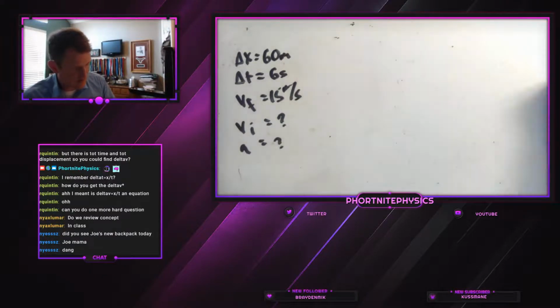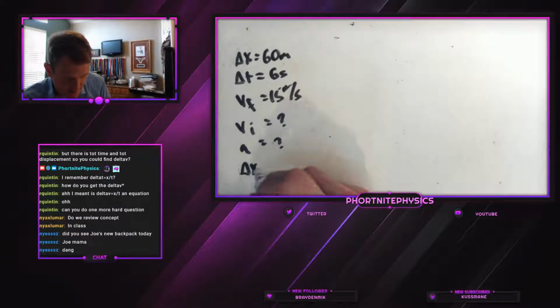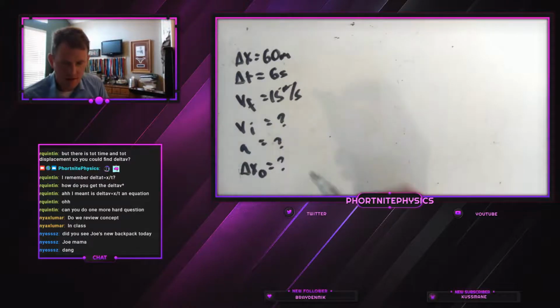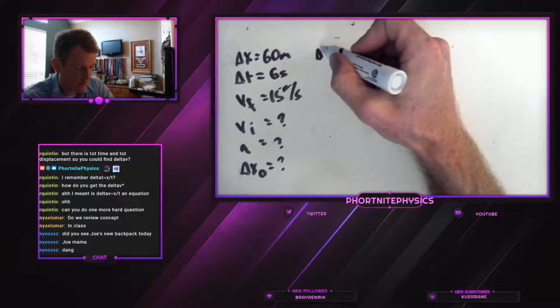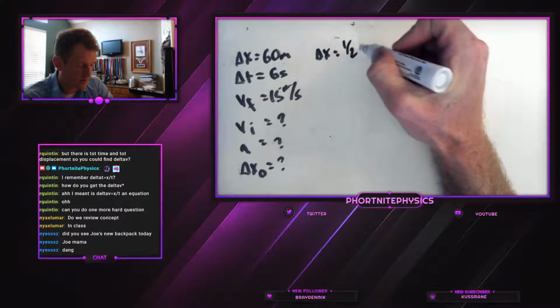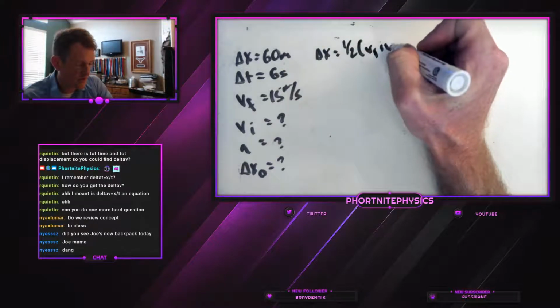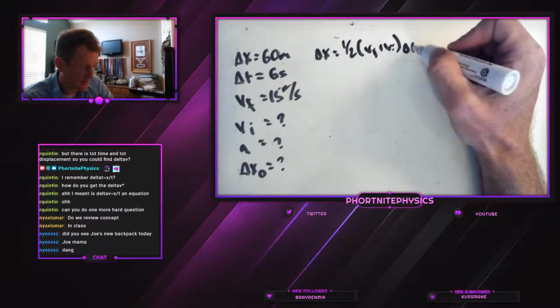So let's say it's sort of like a delta x 0. All right, so we're going to solve for VI the same way that we did before. Delta x equals 1/2 (VF plus VI) multiplied by time.